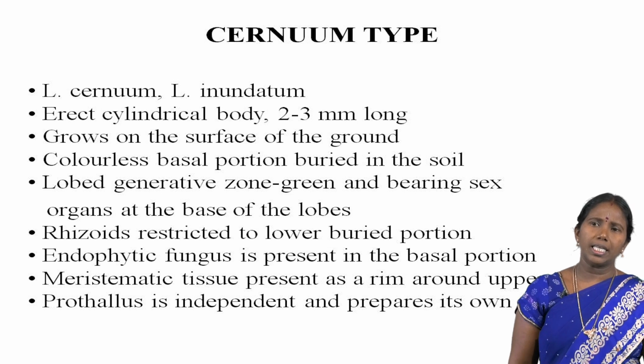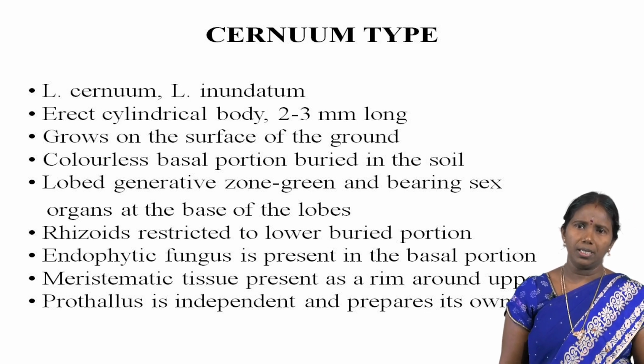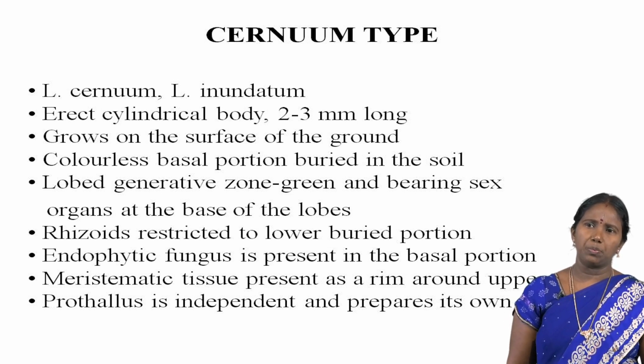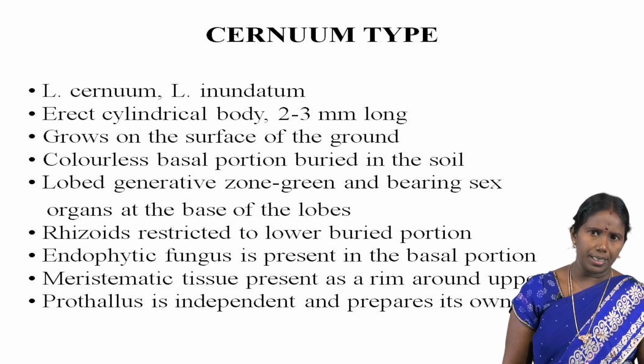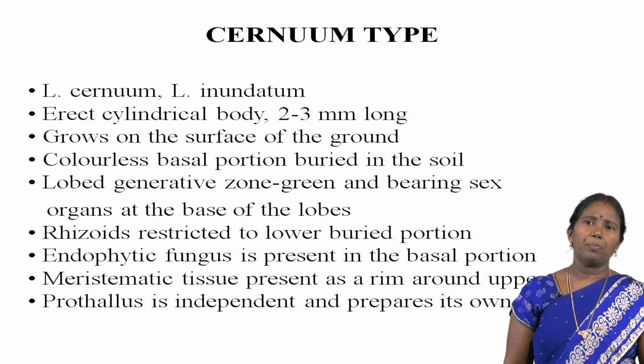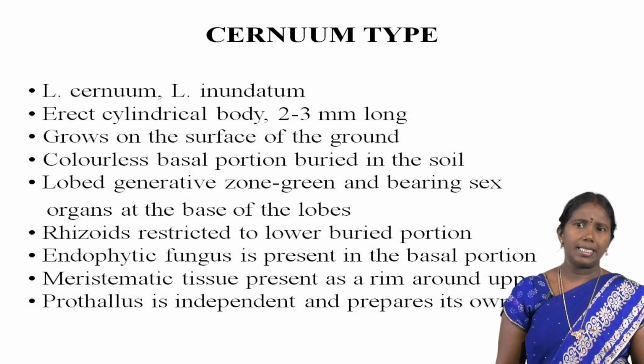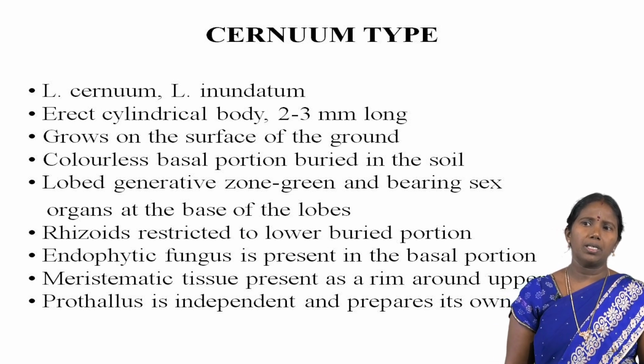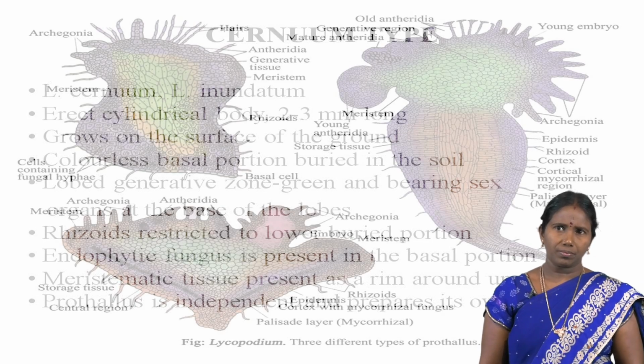Rhizoids are restricted to the lower portion. The endophytic fungus is present in the basal portion. The meristematic tissue is present as a rim around the upper part of the prothallus. It is independent and prepares its own food.